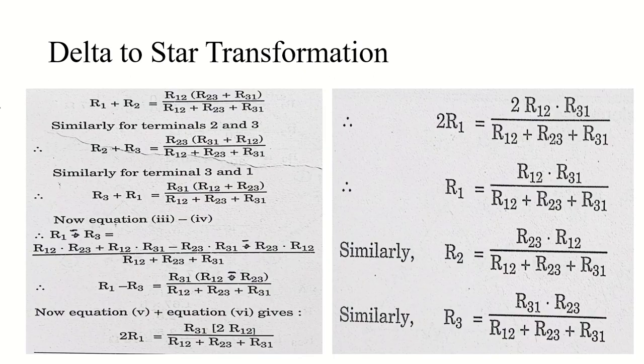By comparing them, we will get R1 plus R2 will be equal to R12 into (R23 plus R31) divided by R12 plus R31 plus R23.